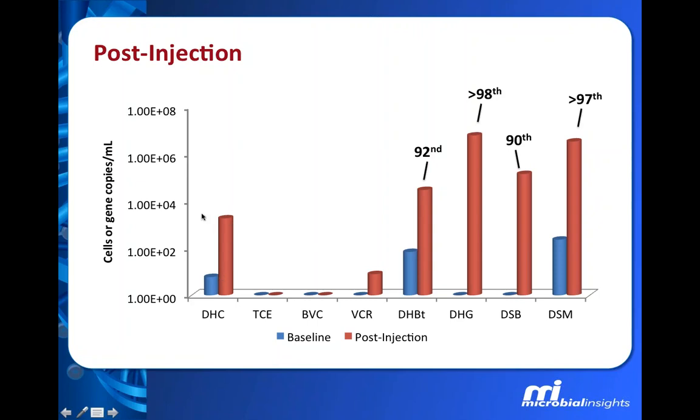For Dehalococcoides and our chlorinated ethenes, we know we want to hit around that 10 to the 4 mark. Well, you can see with biostimulation that we resulted in high concentrations of the Dehalobacter and Dehalogenimonas. How high? When we look at the database, we can see that they were greater than 90% of other groundwater samples where these organisms were detected.